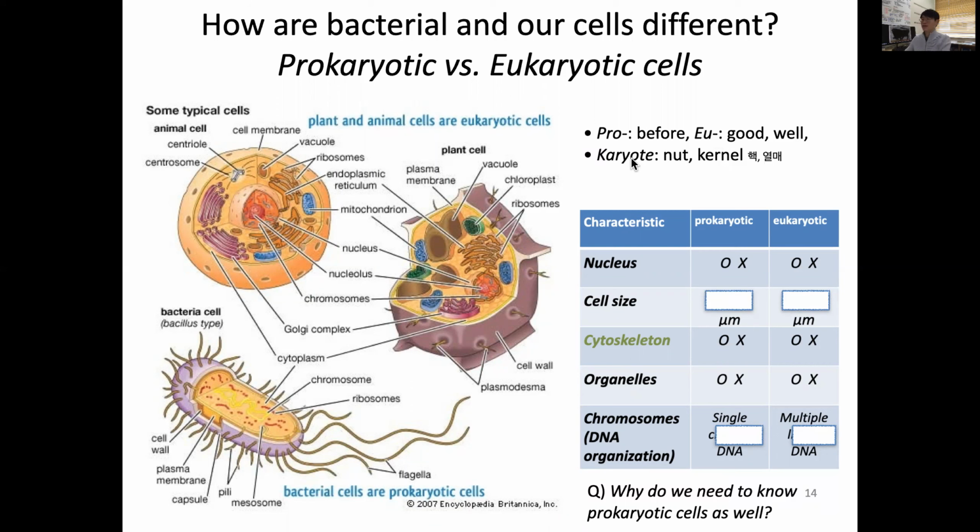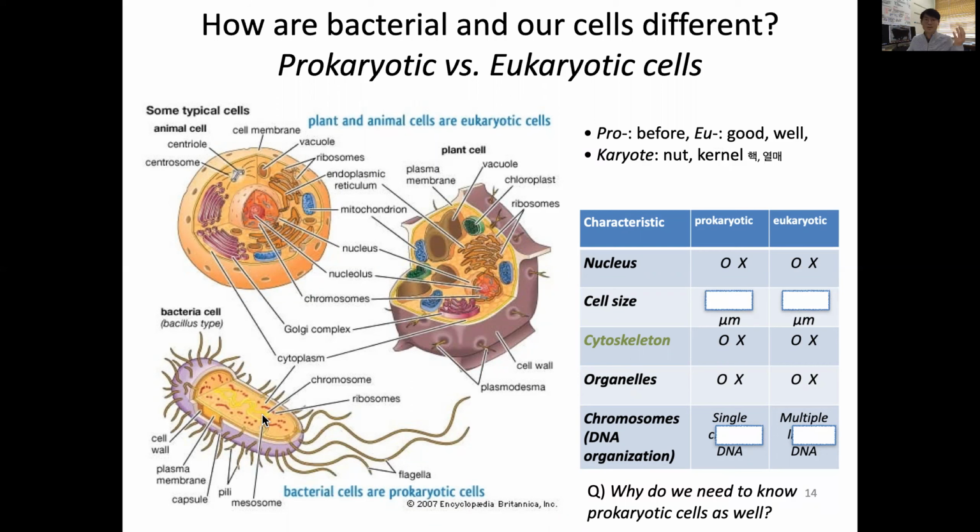So how are they different? You can see animal cells and plant cells here, which you already know from your middle school and high school biology. And the bacterium here is, in fact, not to scale.